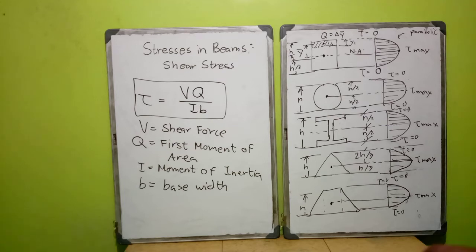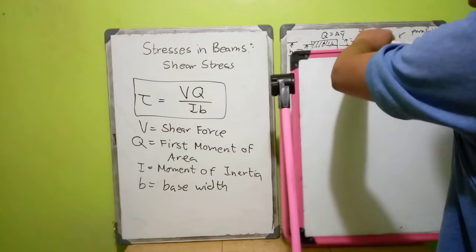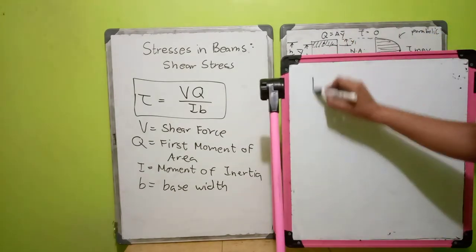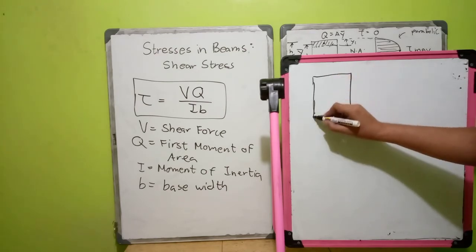Okay. So speaking of Q, I have one more. I want to explain what Q you will use. There will be two Q, a Q top and Q bottom respectively.